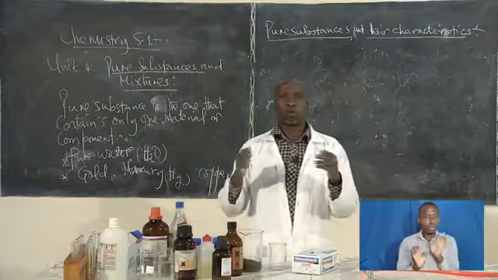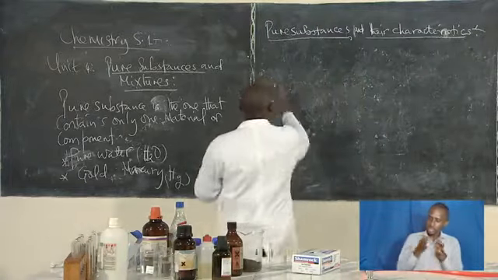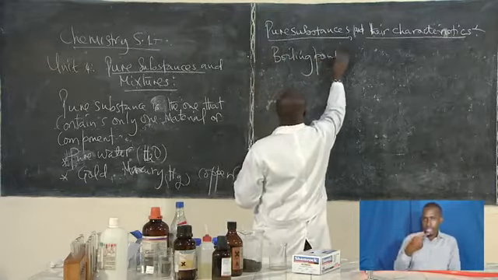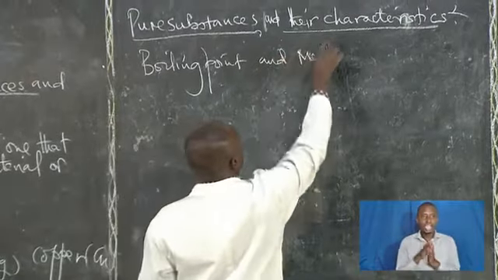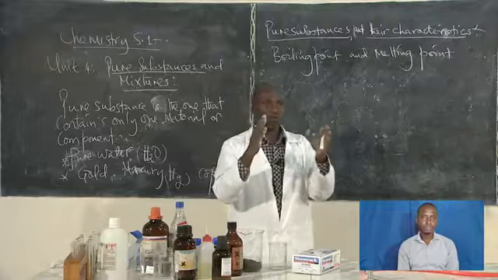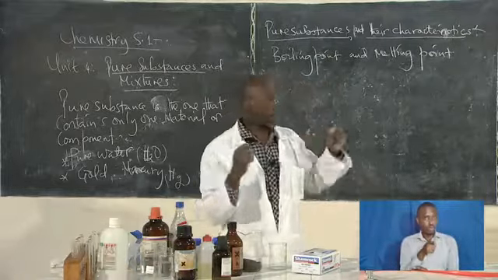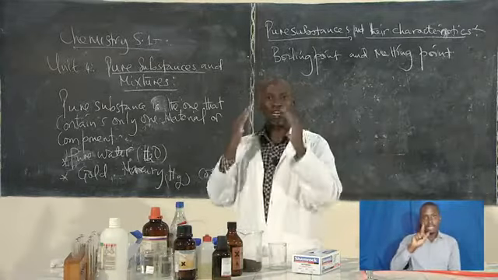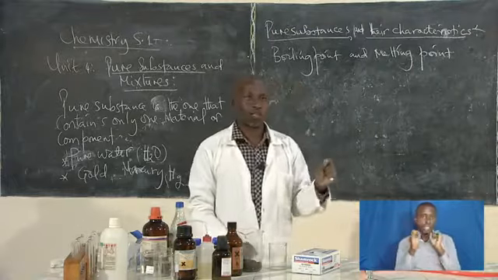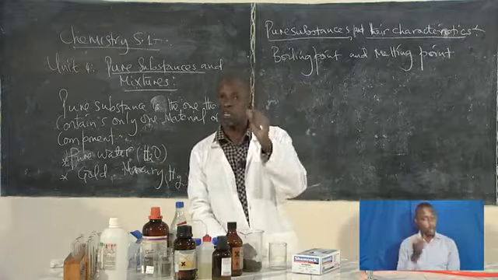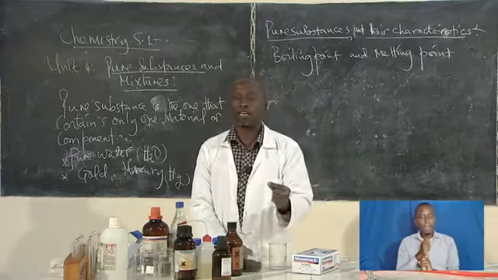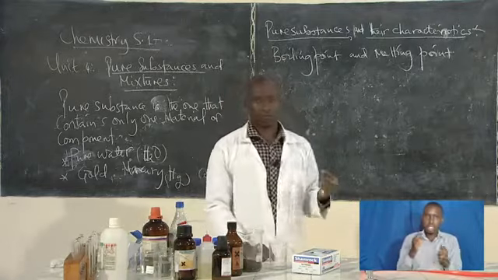For example, you need to determine the boiling point and the melting point. If the melting point and boiling point are determined, these can tell you that this is a pure substance, because pure substances have definite boiling and melting points.